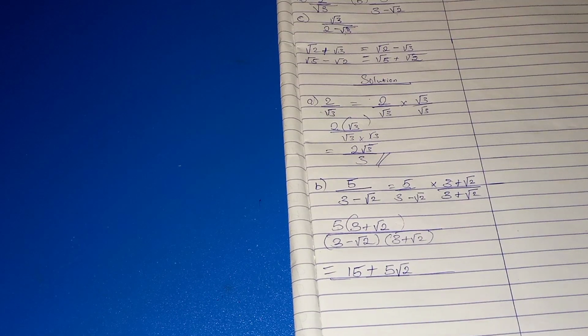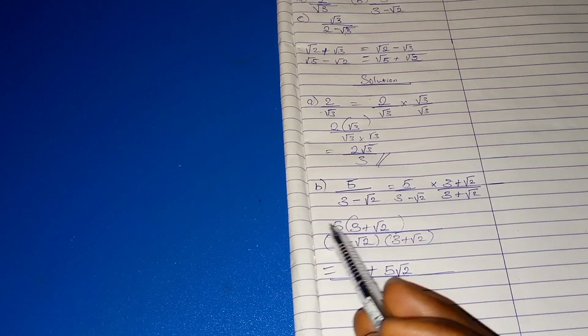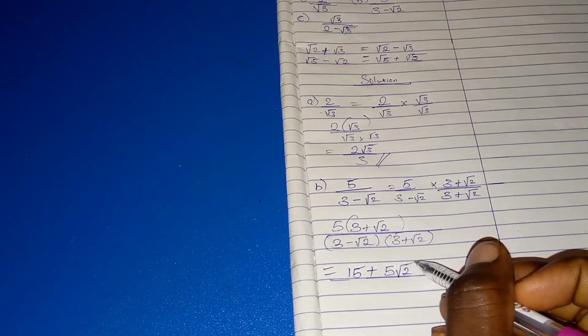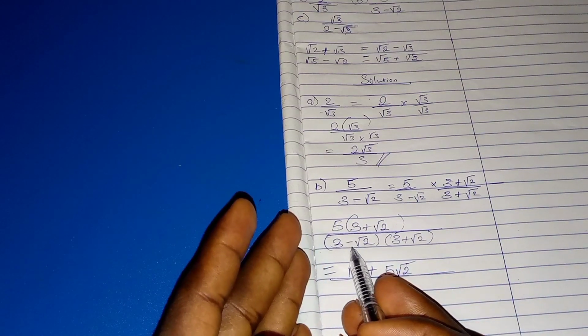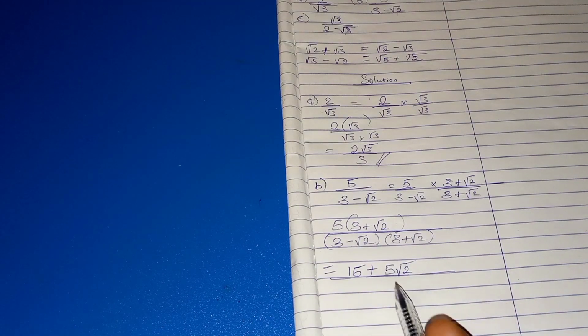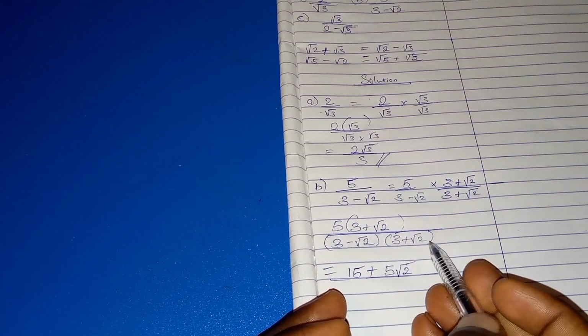But in surd multiplication, when this given number is not in a root form, it stays outside the root form value. So we have 5 root 2. Then on the denominator we have identical numbers, 3 minus root 2 and 3 plus root 2.